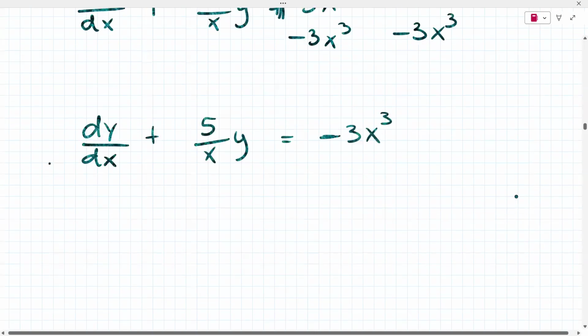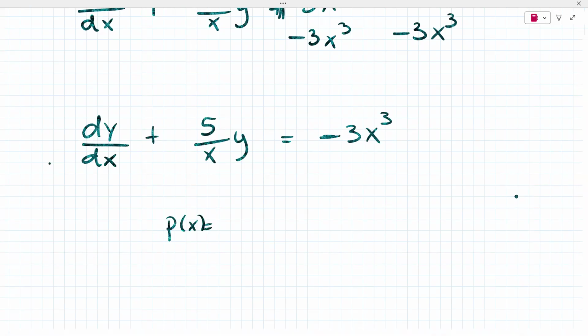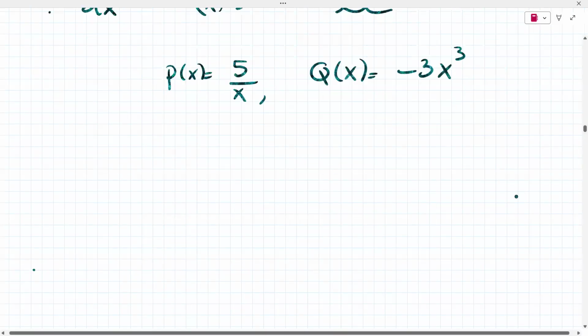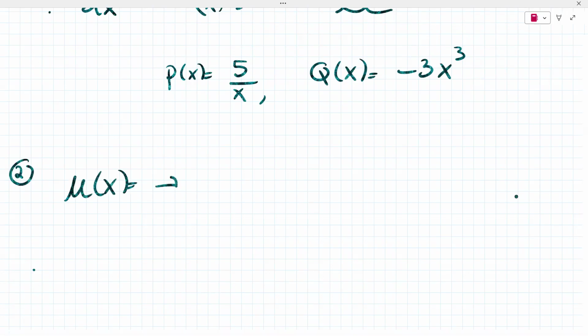What would you do next? We have it in the correct form. Let's write out our p of x and our q of x, because we'll probably need it. My p of x is 5 over x, and my q of x is this whole thing, negative 3x cubed. Okay, now step 2 is find your mu. Your mu is e raised to the integral of p of x dx.